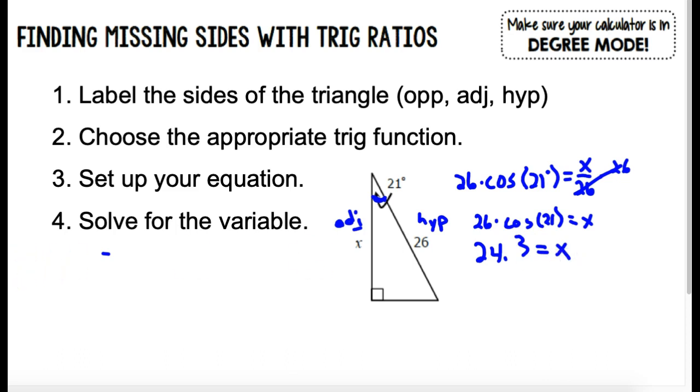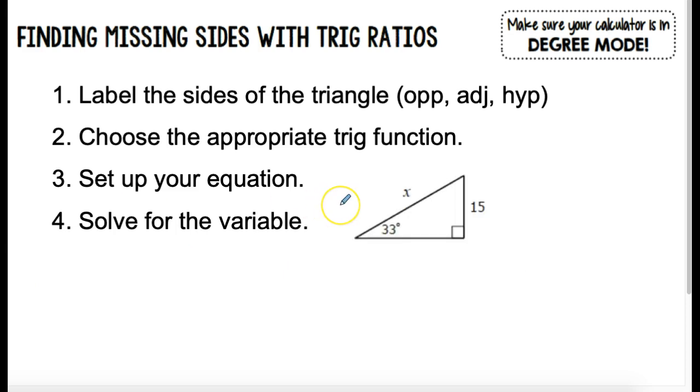Let's do a couple more examples here. So in this next one, again, I'll label the sides. With respect to this 33-degree angle, this would be the opposite side, and this would be the hypotenuse.